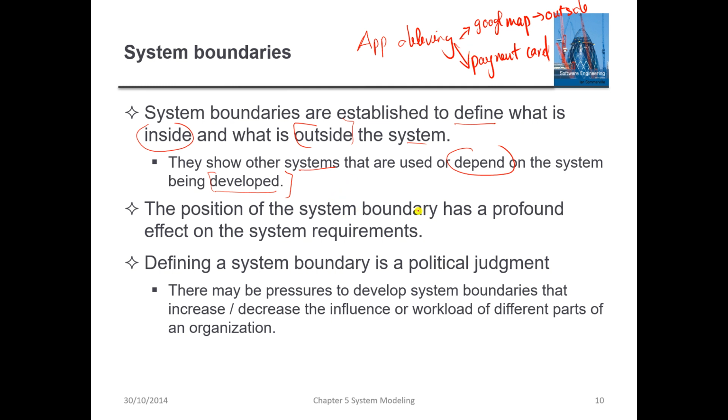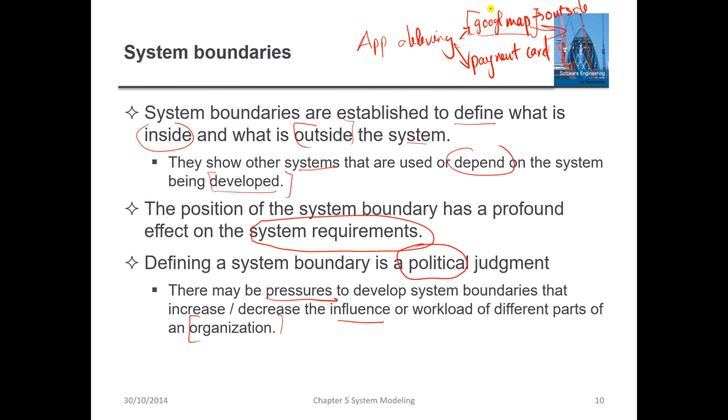The position of the system boundary has a profound effect on the system requirements. Since Google Maps to show the address is outside, you don't care about how to display it or how to handle the maps. It's out of your control. Defining a system boundary is a political judgment. There may be pressures to develop system boundaries that increase or decrease the influence of different parts of an organization.